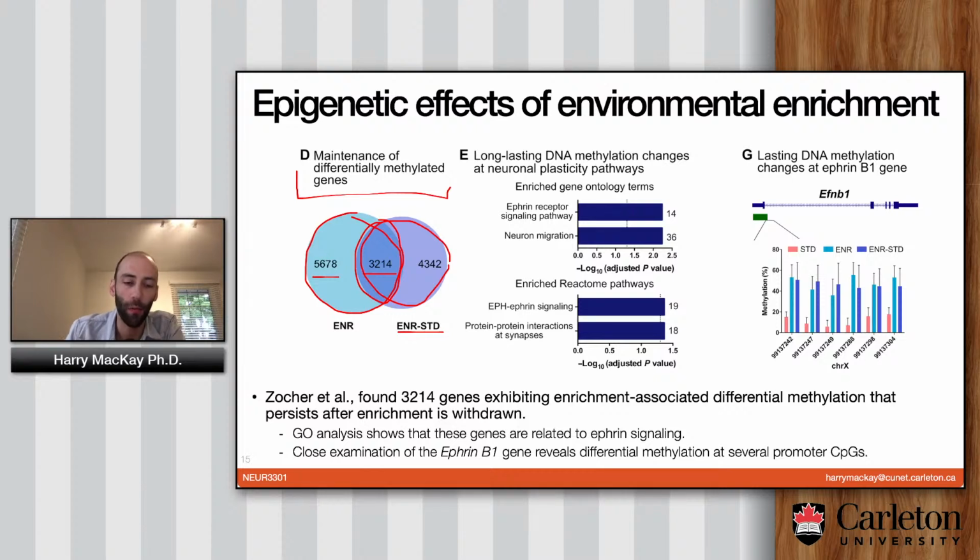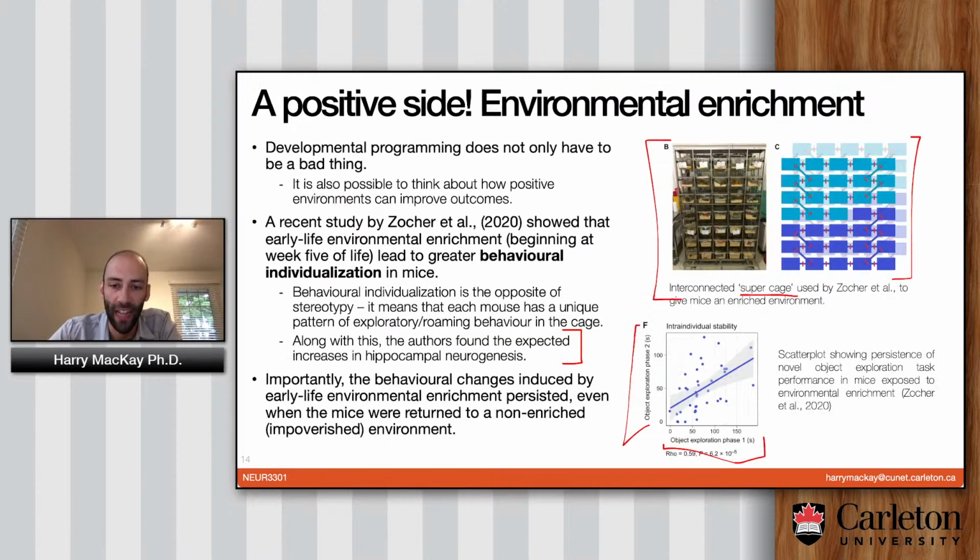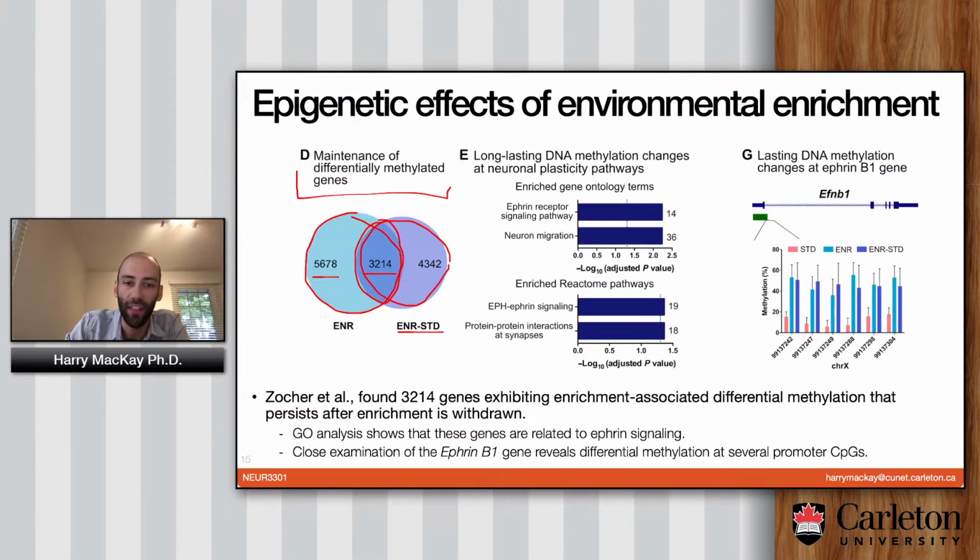So there were over 3,000 genes that had persistent differences in DNA methylation in response to this early life enrichment, that, at least theoretically, correlated with their tendency toward exhibiting more complex and more intelligent kinds of behaviors, more behavioral individualization. Now, if you look at the gene ontology terms that are linked to these 3,200 genes, the pathways that come up have to do with the ephrin receptor signaling pathway.